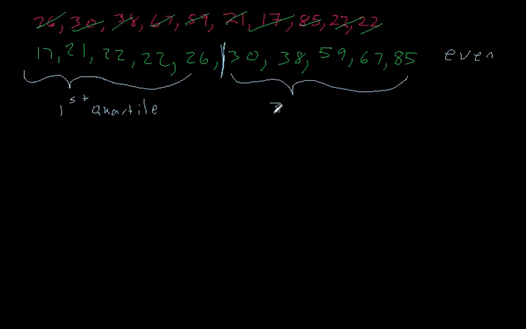The third quartile is the median of the upper half. And that means that the second quartile is going to be the median of the middle two numbers here. Now we'll give you your second quartile.